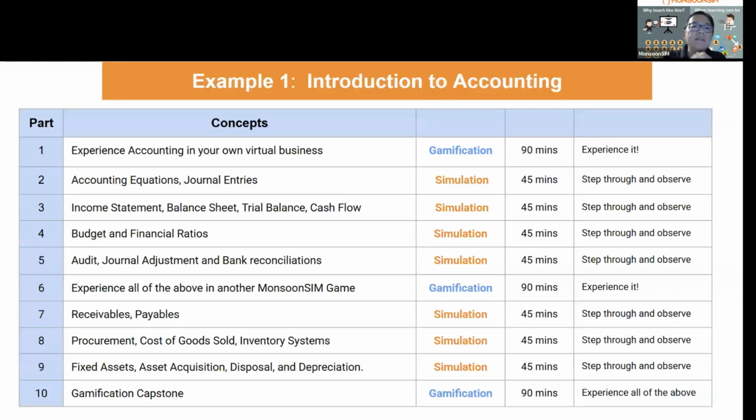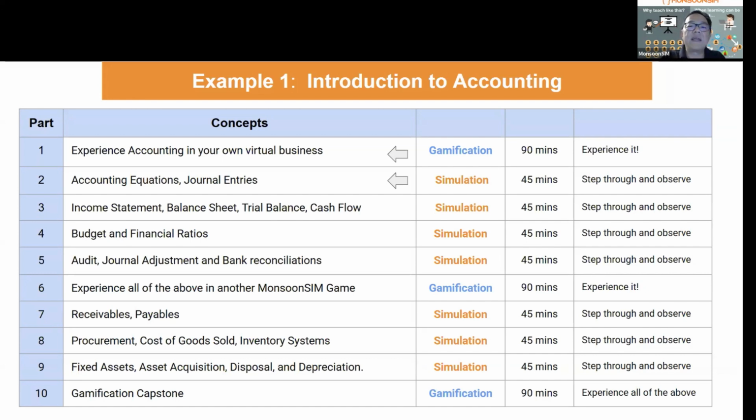Just to give an example, okay? Say this is Introduction to Accounting. Now, experience accounting in your own virtual business. That's kind of nice. I would like to start with that, with gamification. Okay, 90 minutes, let's play a game. And then I'll say, okay, now look at the accounting equation and so on. I can show you the theory, the PowerPoint, but I can also simulate it. I can let you see the accounting equation. I can see the journal entry, simulate it.